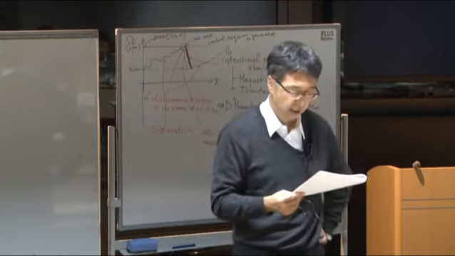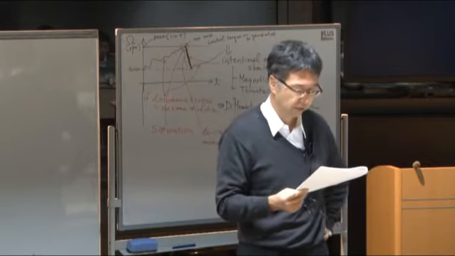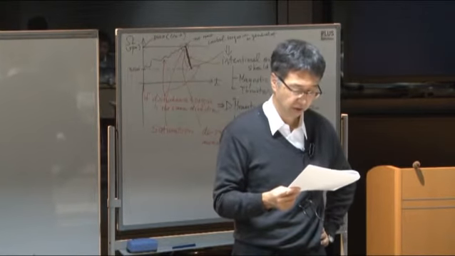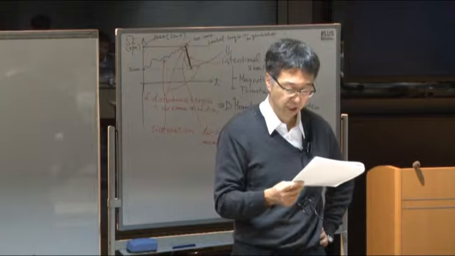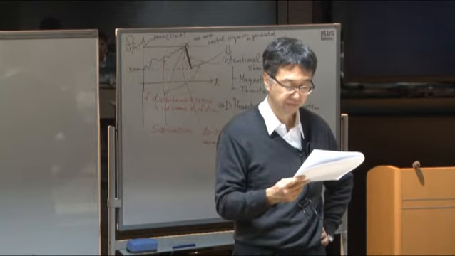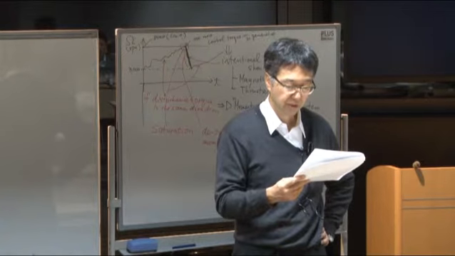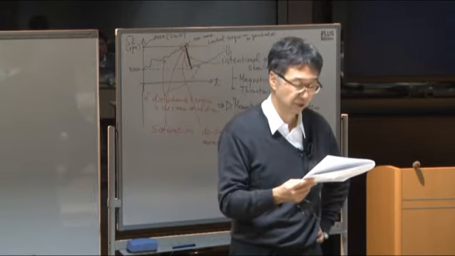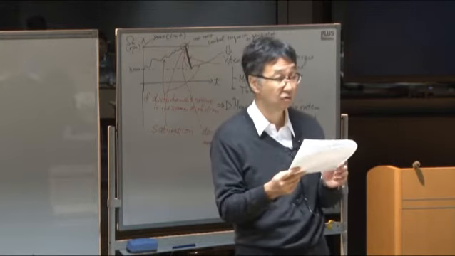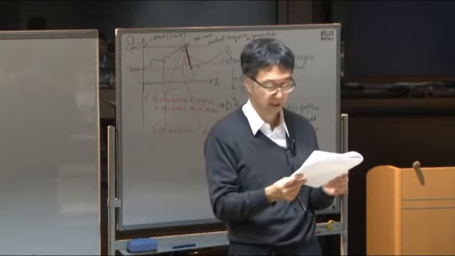And number 11 is the configuration of the attitude thrusters. We don't go into detail. And number 12 is spin axis precession and nutation. Precession means change of the nutation angle. And nutation is a wobbling motion of the satellite.